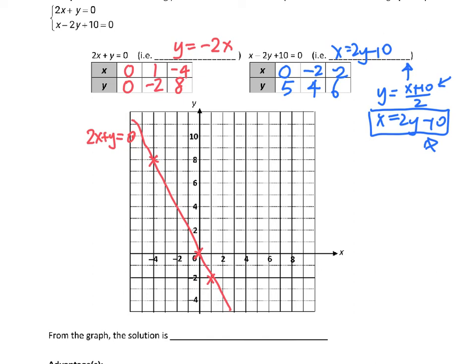So once again, I have to put the points. (0, 5) would be somewhere here, (-2, 4) is somewhere here, and then (2, 6) would be somewhere here. And then I can draw the line. Once again, I draw it and then I have to label it.